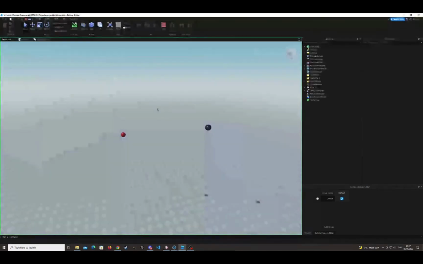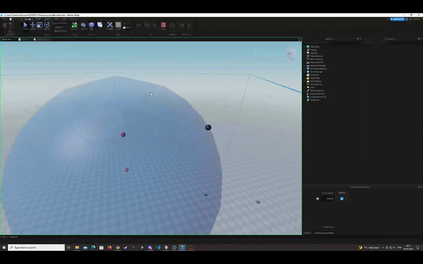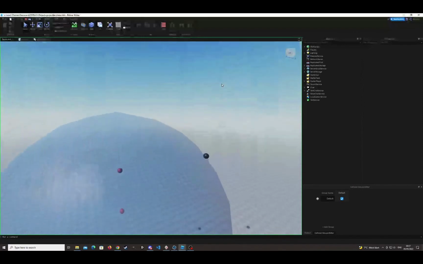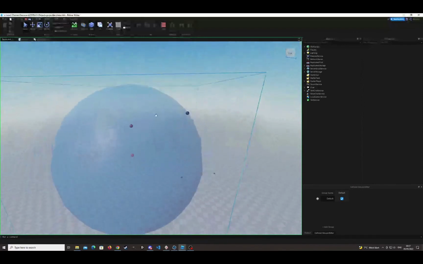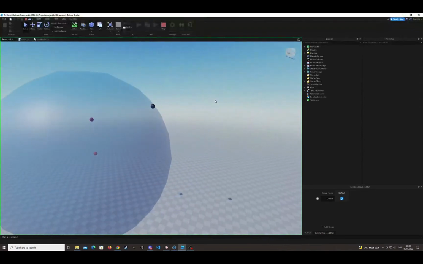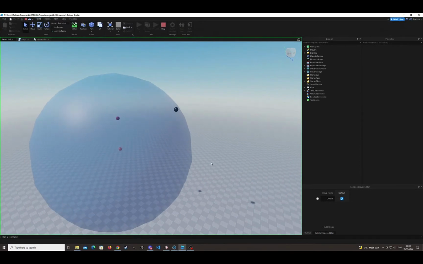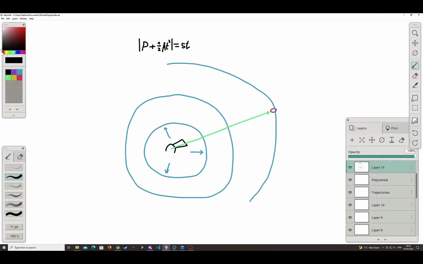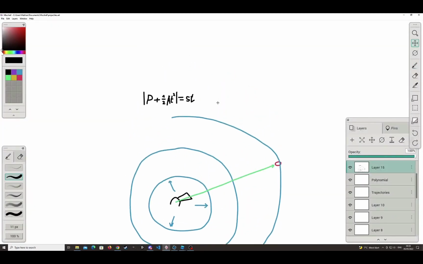Now, of course, what this circle actually represents is every possible shot we can take. So really, if we fire in any direction, the projectile will be somewhere on the surface of the sphere at all times. Right. So that's what we're modeling here.